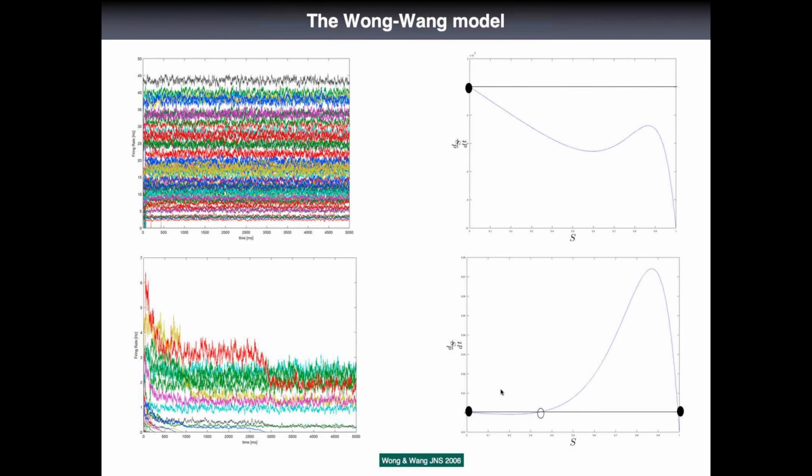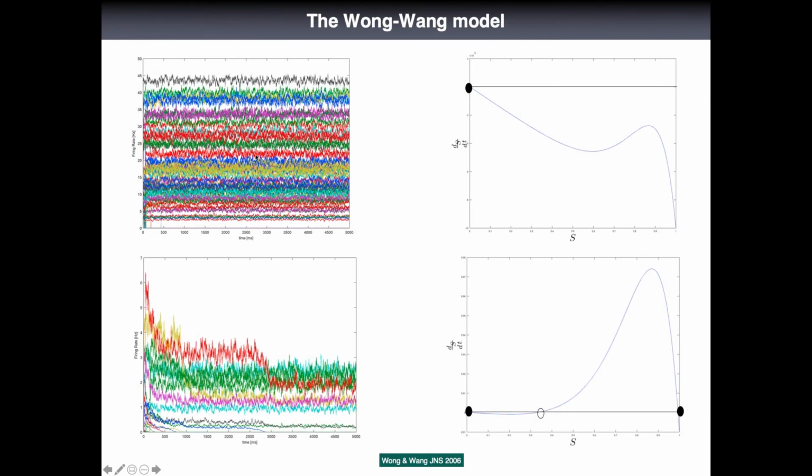Another model that you will see used in many studies, especially of resting state, is the Wong-Wang model. This is a relatively simpler model. It can have either this state space here with only one equilibrium point, representing a low activity attractor, or it can have a high activity and a low activity attractor separated by a saddle.